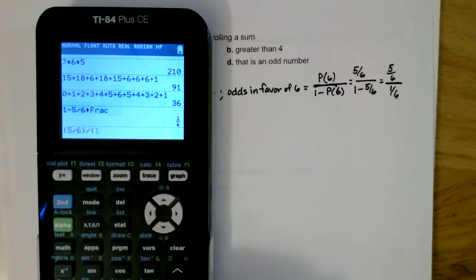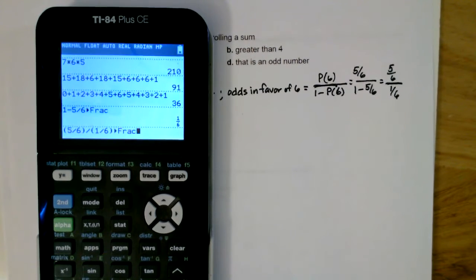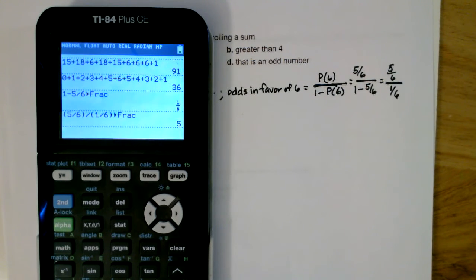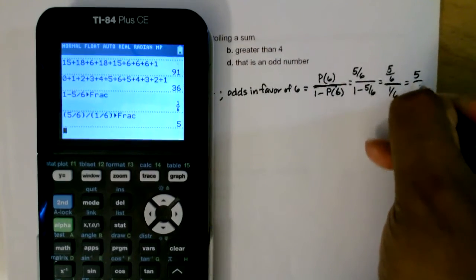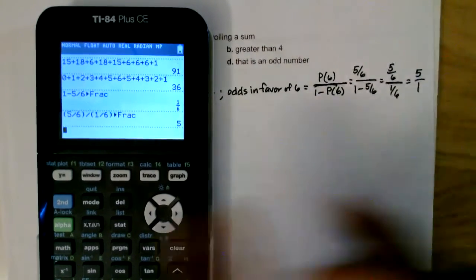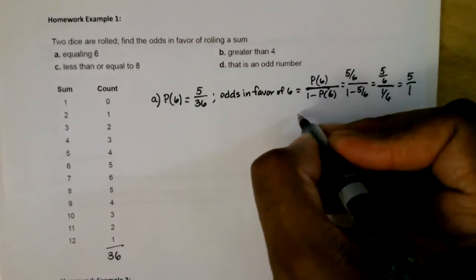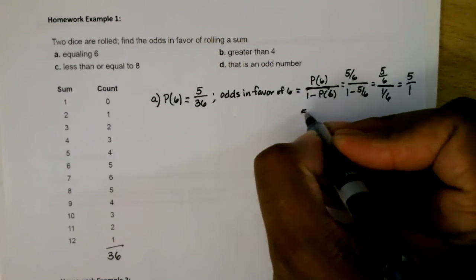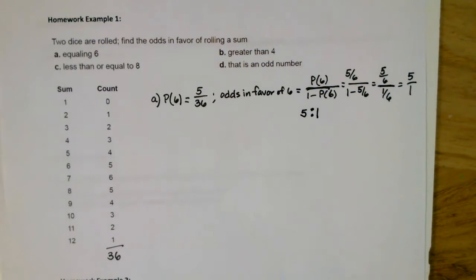Notice I'm putting the numerator and the denominator in parentheses. You'll get 5/31. And when we write something for odds in favor or odds against, we use the 2 dots, which is a colon, 5:31. So the odds in favor of rolling the sum equaling 6 will be 5:31.